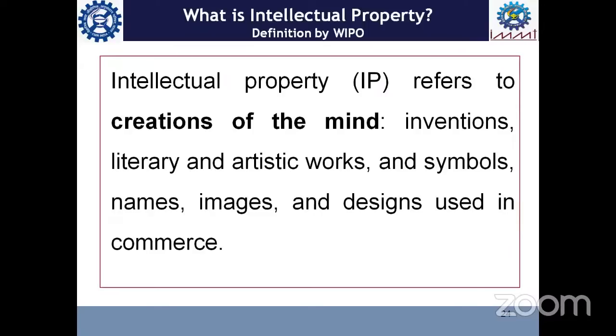While you put them into practice, whatever outcome you see, depending upon the kind of outcome, you may get different types of IPs. So these outcomes may be inventions, literary and artistic works. They might be symbols, names, images, designs that are used in commerce. So therefore, IP refers to creations of the mind. It is as simple as this.